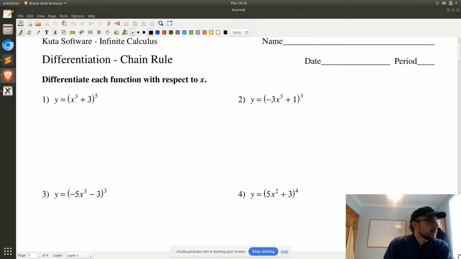Okay. Here it comes, the chain rule. What does the chain rule say? When you have one function which is fed into another, you must be able to differentiate this. And here's how you do it. You go from the outside in.